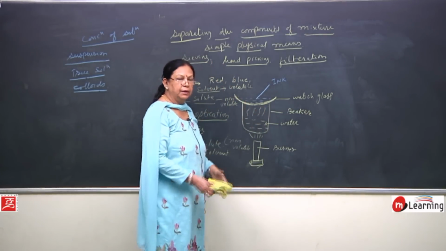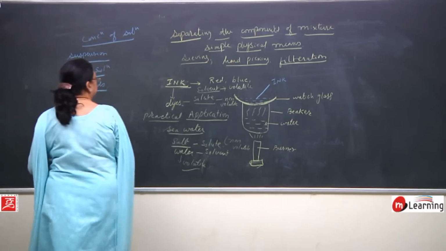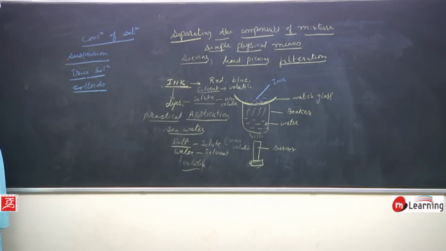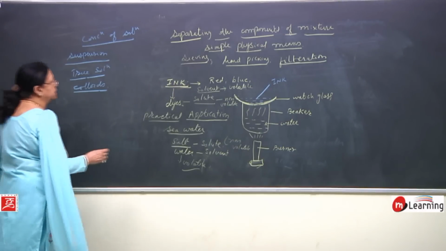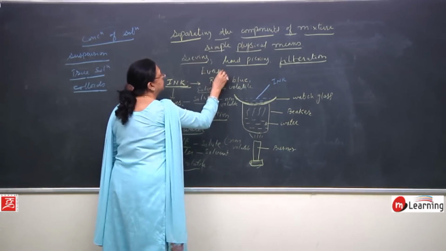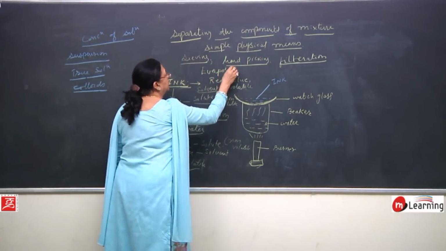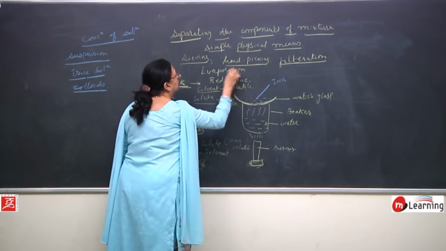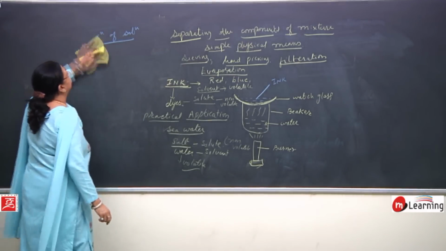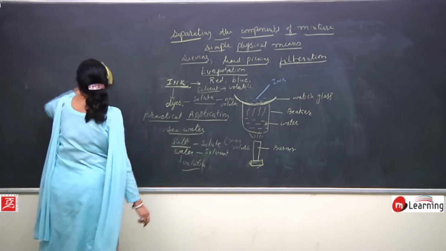This is one of the methods, and the name of this method is evaporation. Evaporation means you are heating and the liquid gets evaporated, that is, the solvent gets evaporated and the solute is left.